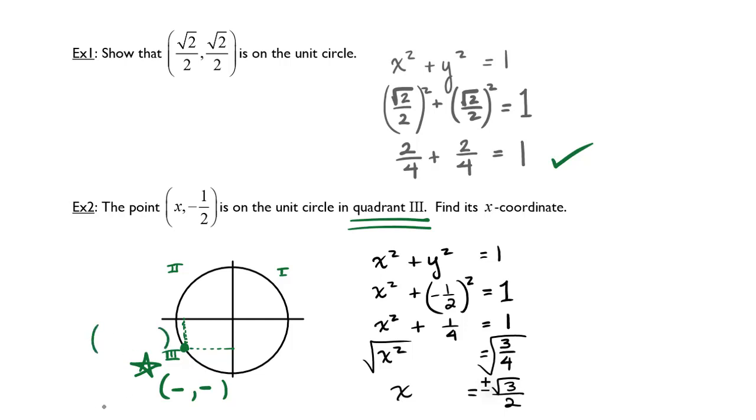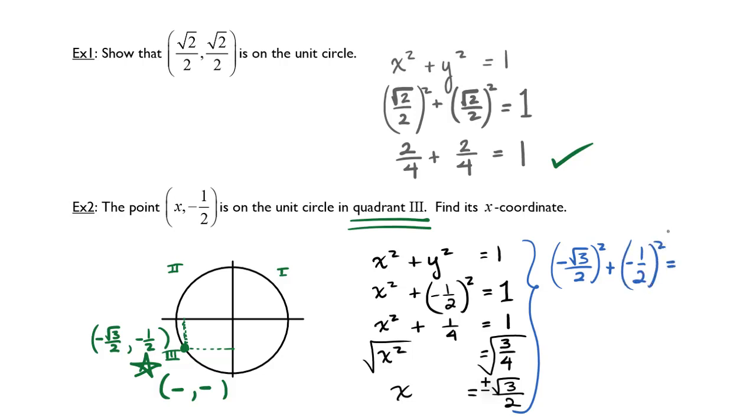And the question is, does it make sense? Does negative root 3 over 2, comma, negative 1/2 actually work in the formula? Well, let's check it just to be doubly sure it works. I can take the negative root 3 over 2 and square it, plus the negative 1/2 and square it, and we can check to see if that equals 1.